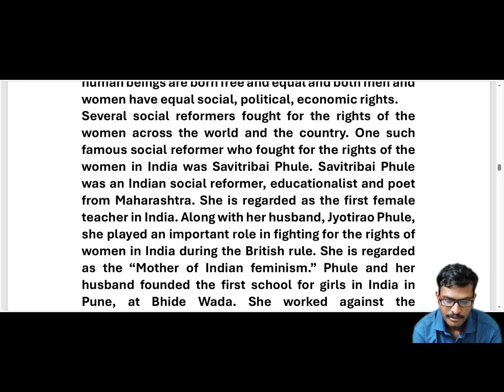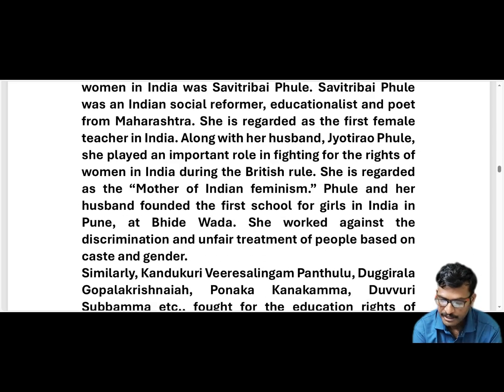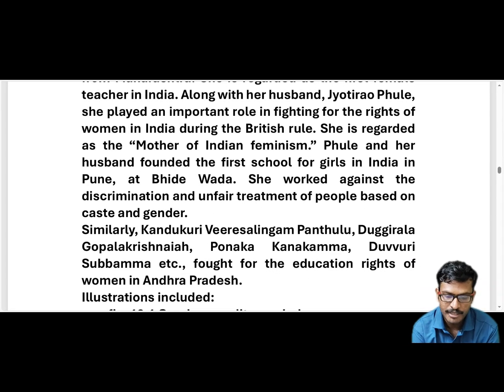Veeresalingam Pantulu was also a social reformer, and Kanakamma is a woman. All these people fought for the education rights of women in Andhra Pradesh.